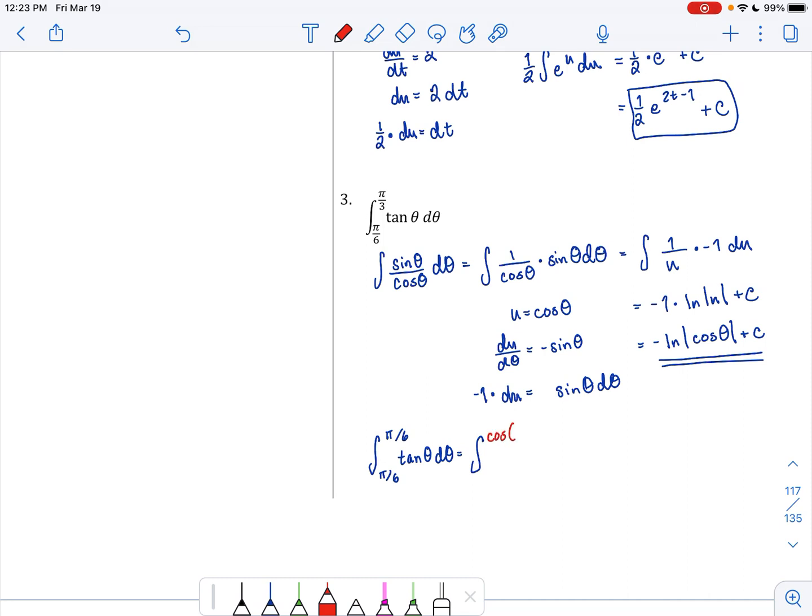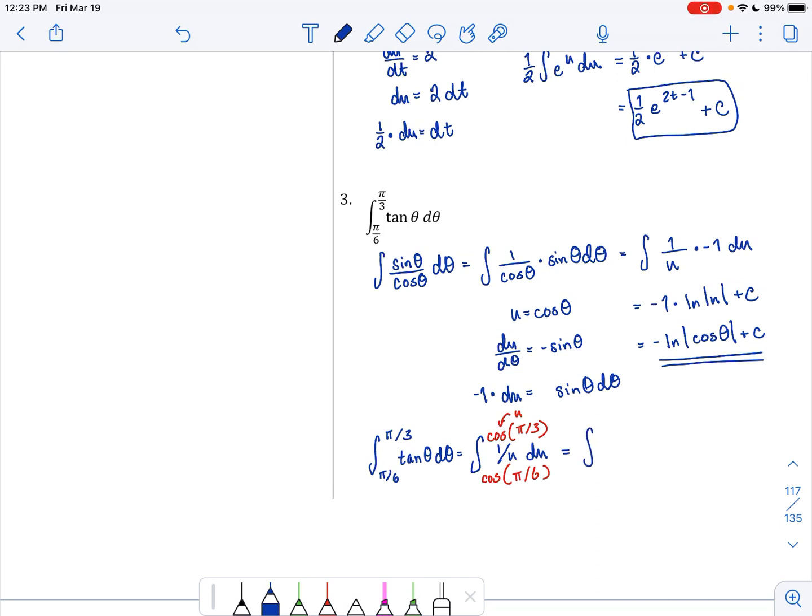So cosine of pi over 6, because cosine is our u function, and cosine of, not pi over 6, the upper bound, pi over 3, I apologize. You can then plug those in, and you don't have to worry about any of those change in bounds.